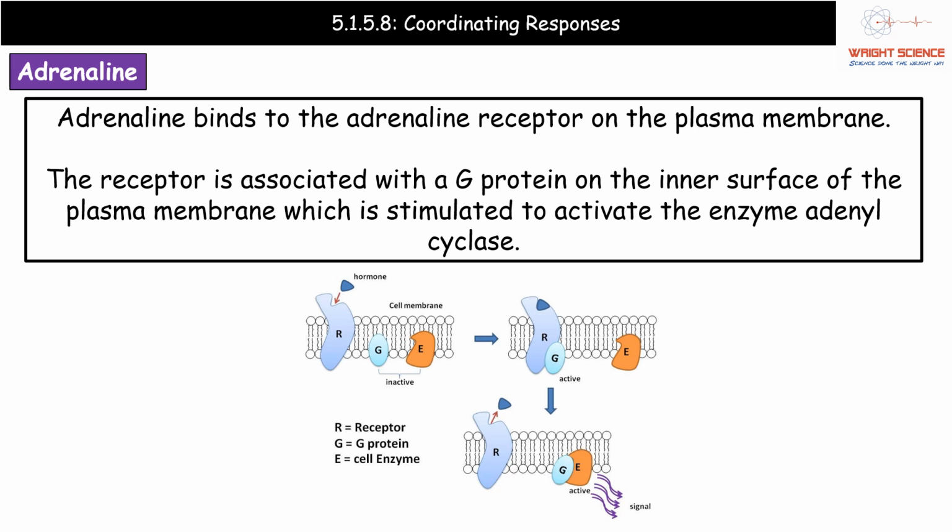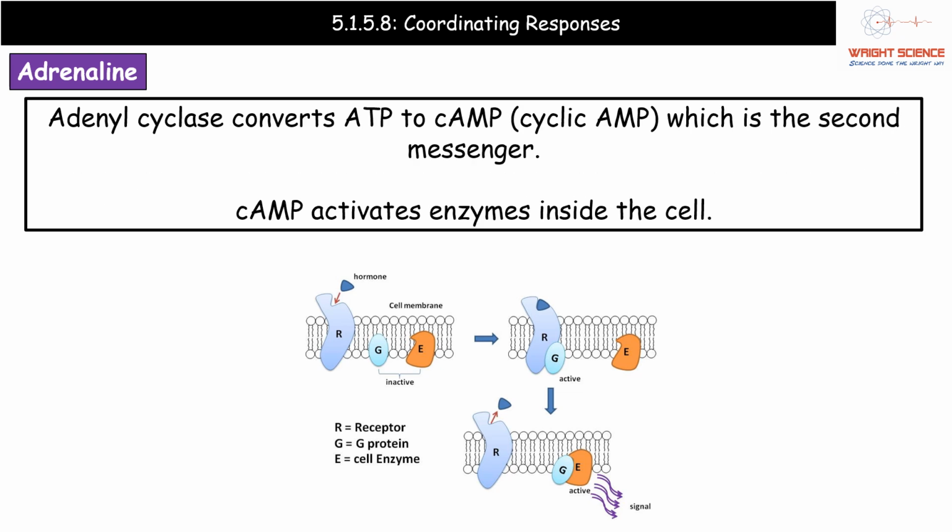Adrenaline binds to its receptor, that causes the G protein to act as a switch, which then activates adenyl cyclase. The adenyl cyclase is an enzyme that converts ATP into cAMP, cyclic AMP, and it's that cyclic AMP that is the second messenger. So that will activate enzymes inside the cell itself.